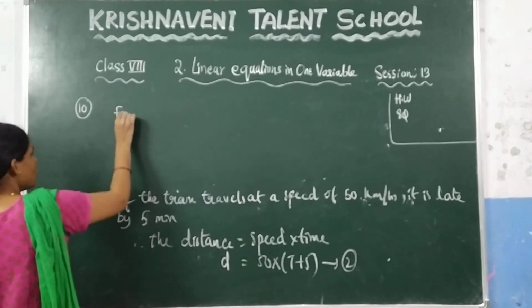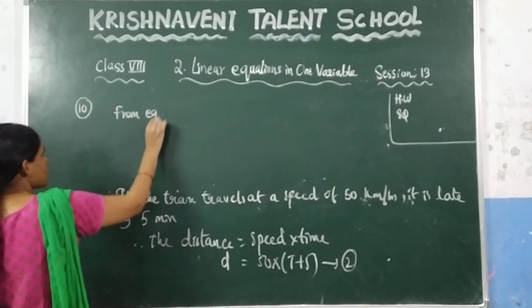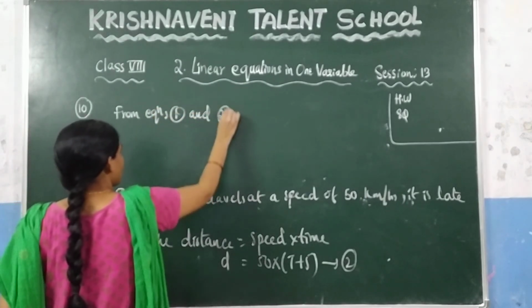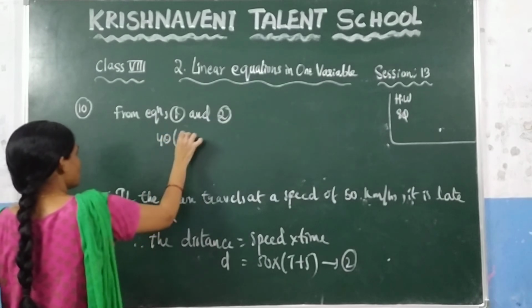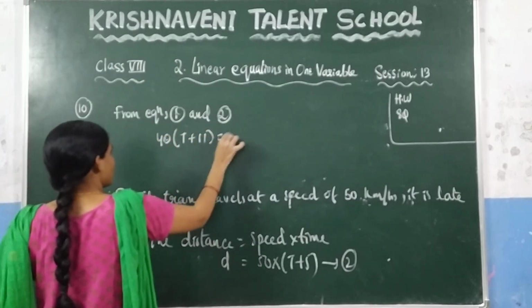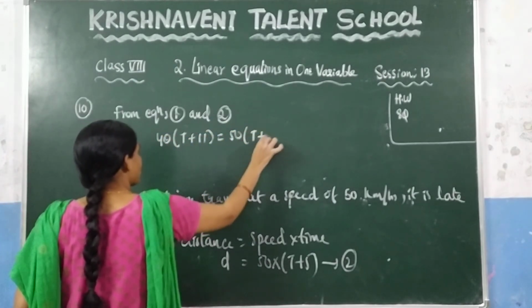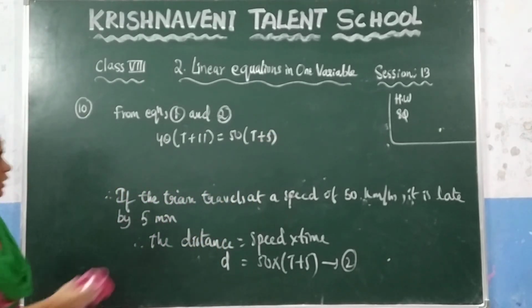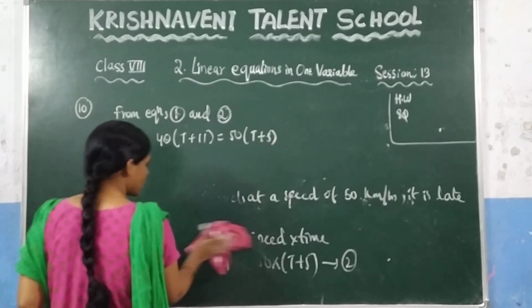From equations 1 and 2, we got 40 into t plus 11 is equal to 50 into t plus 5. Now you need to solve this.